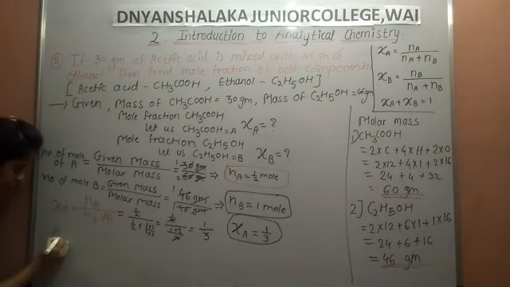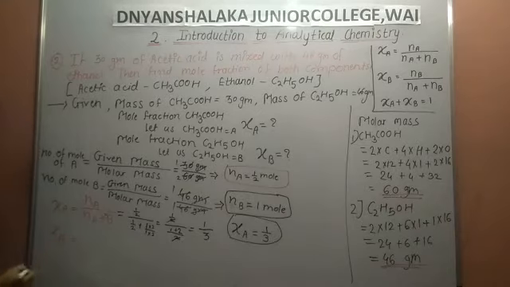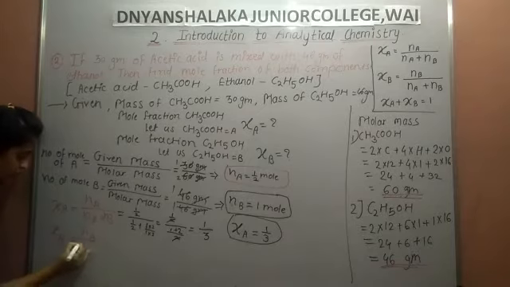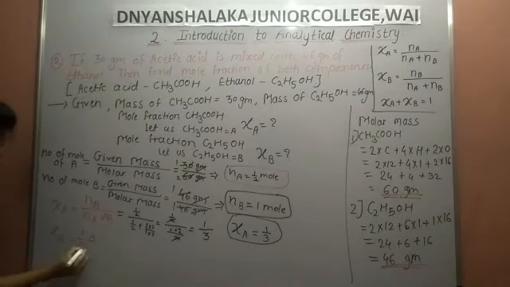Next we have to calculate the mole fraction of B component, ethyl alcohol. The formula is Nb upon the total number of moles of all components, Na plus Nb.